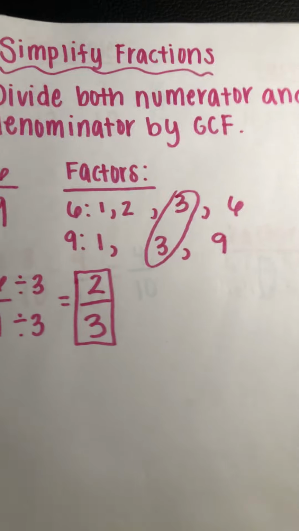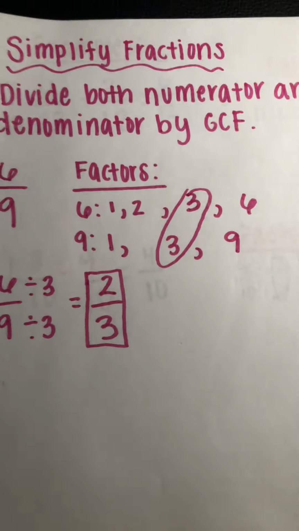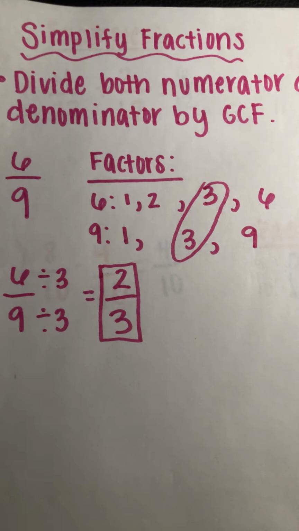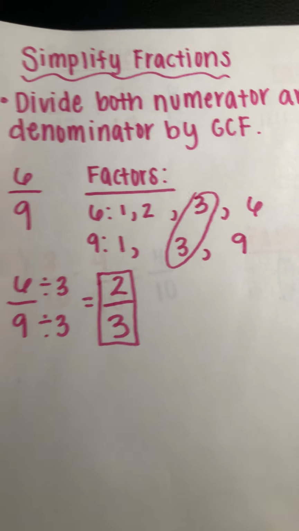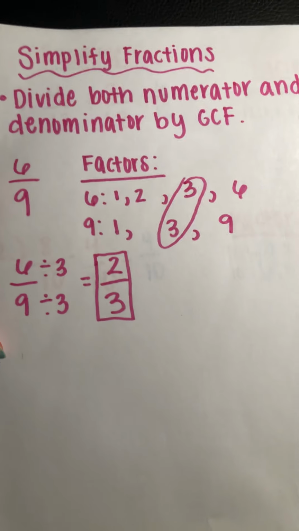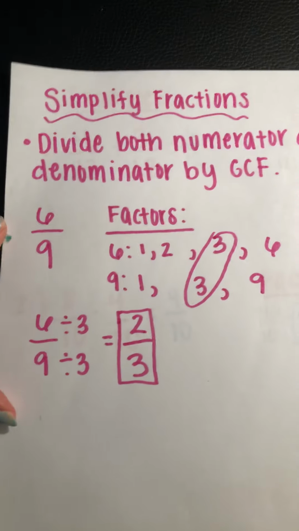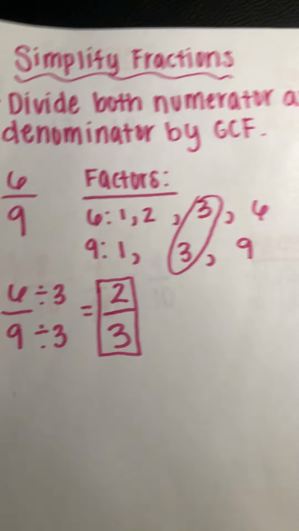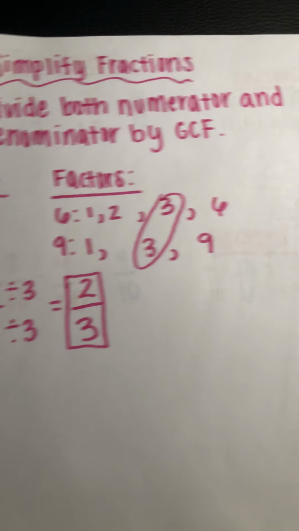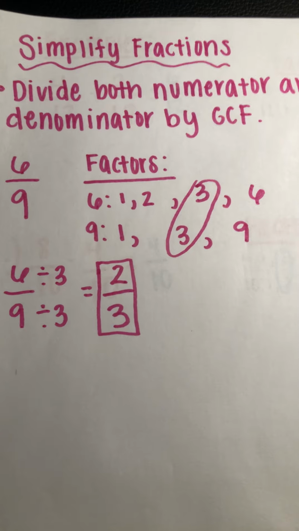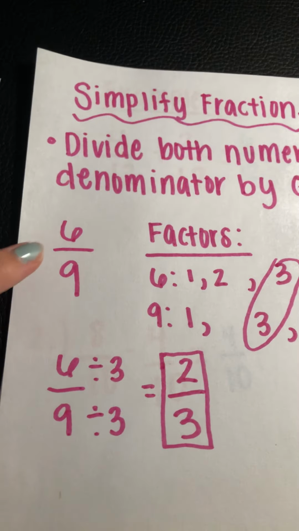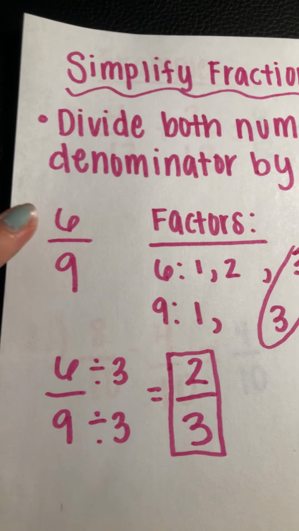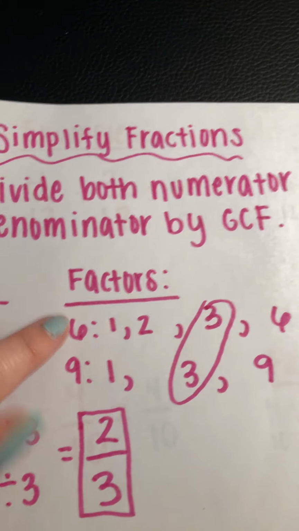All right, so here's a little chunk that you guys did probably last week about simplifying fractions, and I just want to review it. You don't have to write this one down because you did it last week, but to simplify fractions, you need to divide both the numerator and the denominator by the GCF, the greatest common factor. So say if you got 6/9 as your answer, you need to write out the factors.